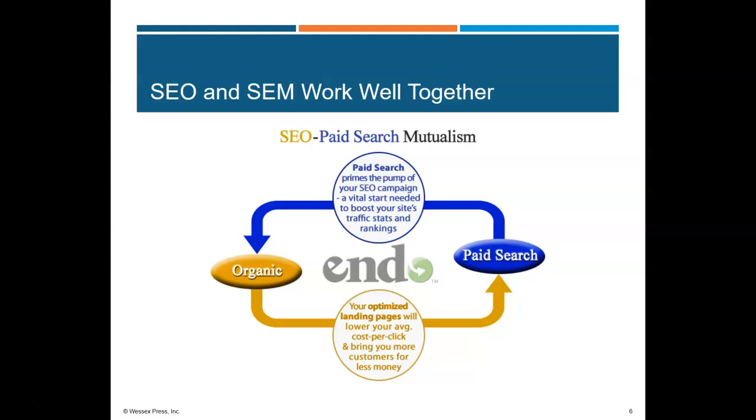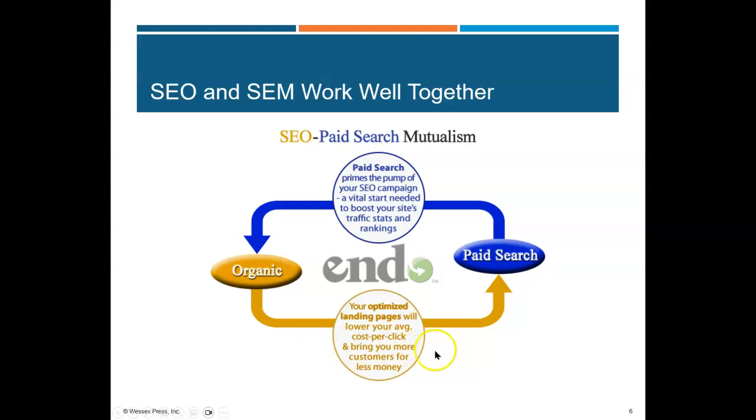So how do SEO and SEM work together? SEO and paid search are mutualistic. Paid search primes the pump of your SEO campaign, search engine optimization, remember. A vital start needed to boost your site's traffic, stats, and rankings. So paid search does this.